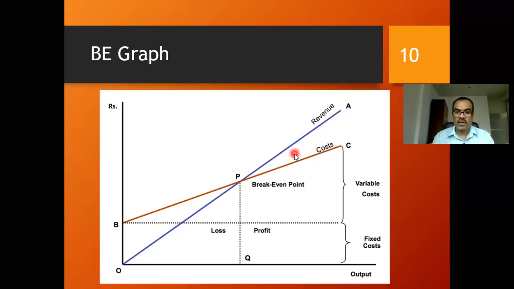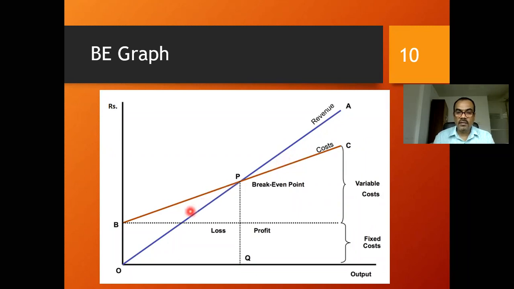The same thing applies in the margin of safety. The x-axis is the output level of production or sales. If your company operates within this range, you are actually in a safer zone, the margin of safety, and you earn profit.